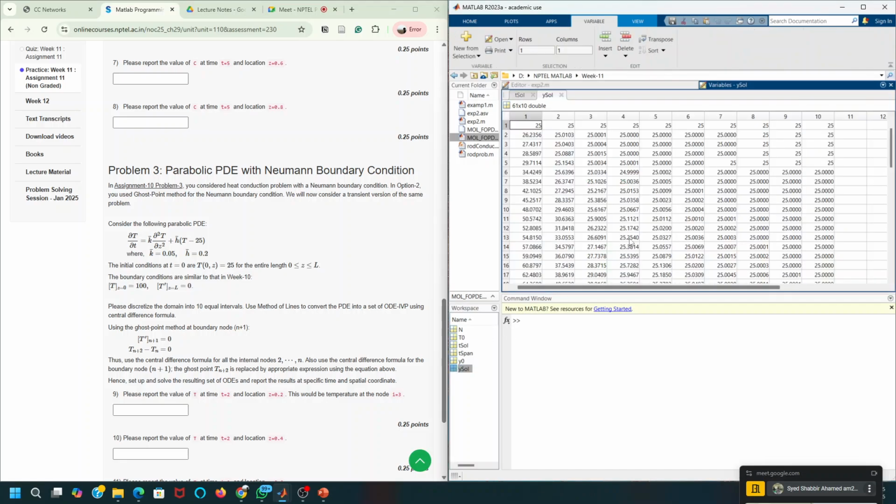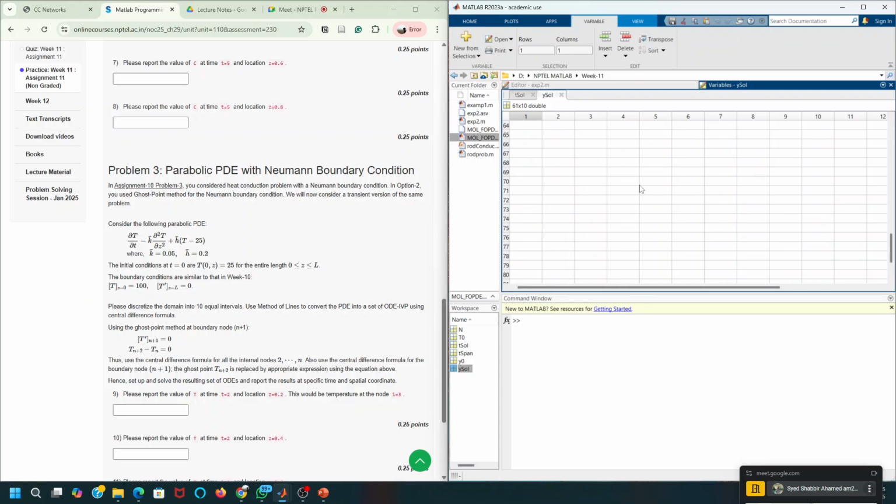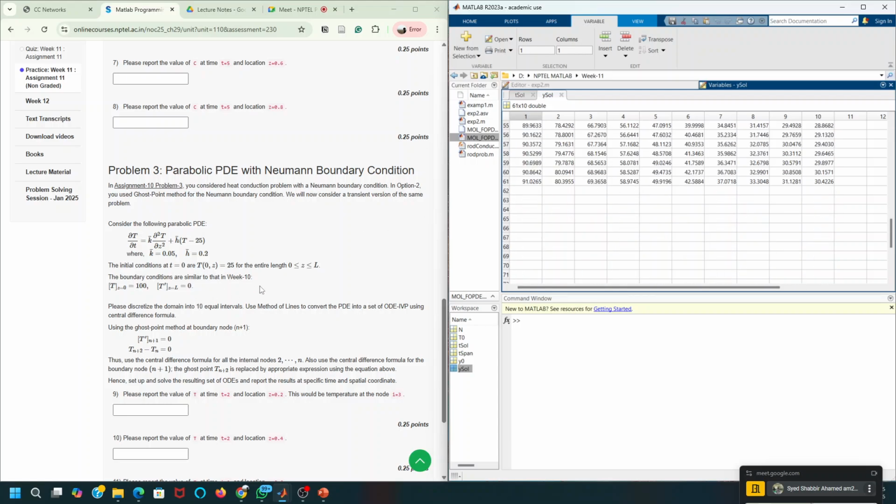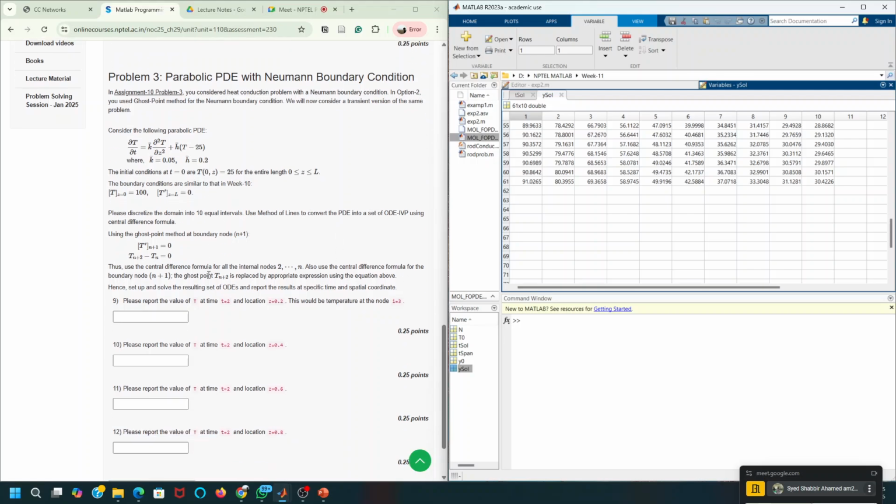Here was a slight mistake. We will see. So this is our solution, and at t equals 0, this is 0.2.